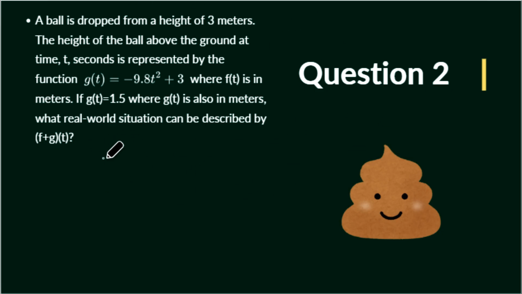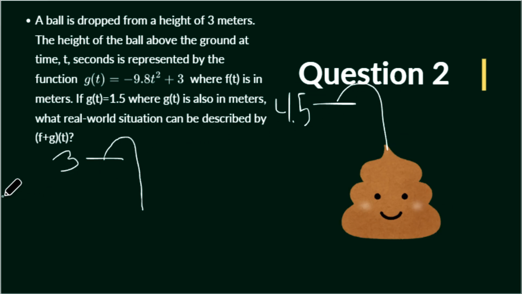Okay, so they want to know what kind of situation could explain this. So we have a ball. It's dropped from a height of 3 meters. And then if we're adding f and g, g is an additional 1.5 meters. What could explain that? So we started at 3, but now we're adding 1.5 meters, so it's moving up to 4.5. And then the ball's getting dropped.